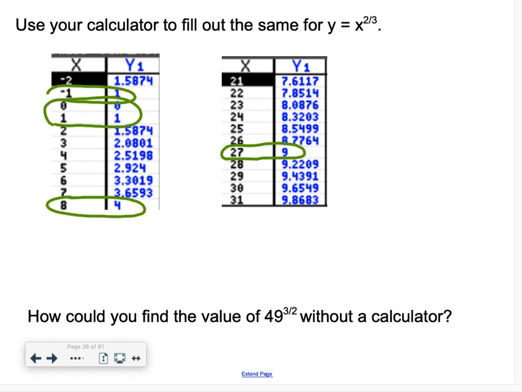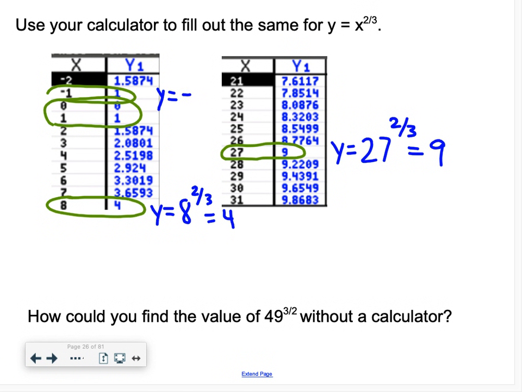So, for example, if I focus on 27, 27 to the 2/3 is 9, and 8 to the 2/3 is 4, just to kind of highlight a few. -1 to the 2/3 is 1. And what do you notice? Pause the video, take a second, see what you think.